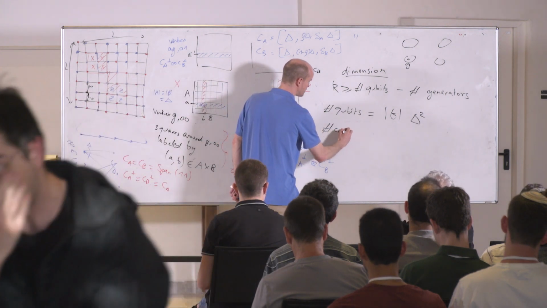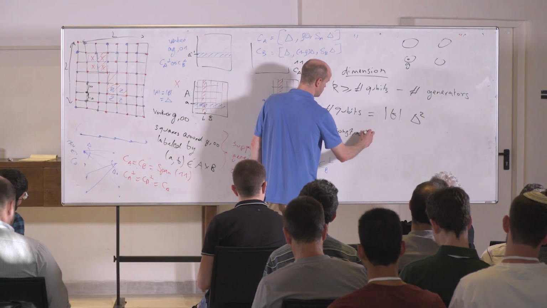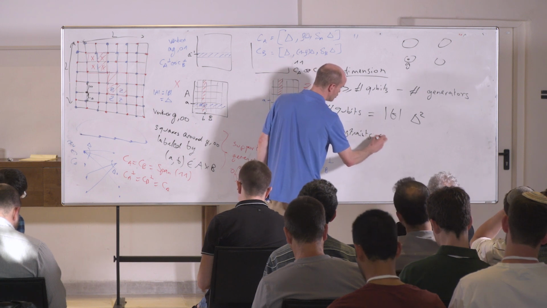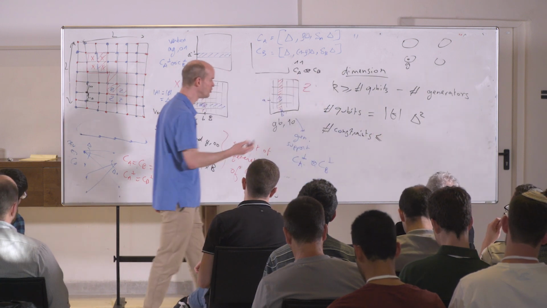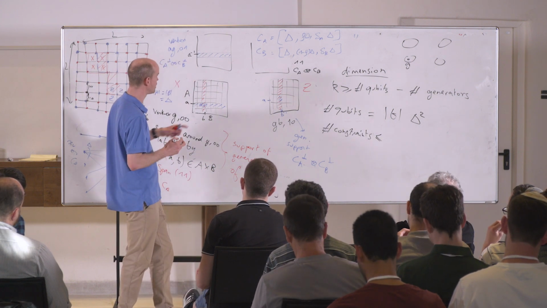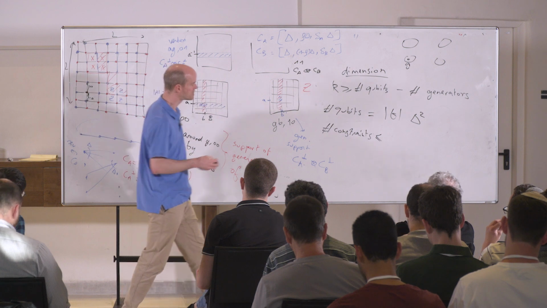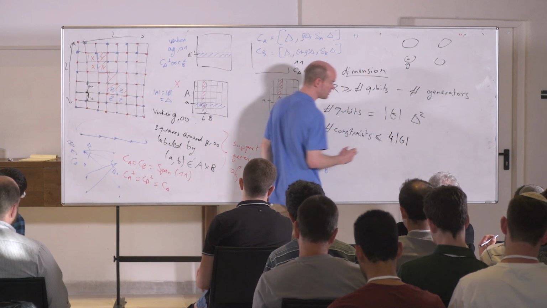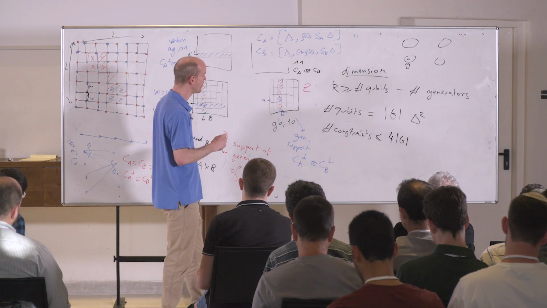The number of constraints is at most, because maybe they are not all independent, but at most. So where are the constraints? They are around every vertex. How many vertices do we have? We have four G vertices, four copies of the group.